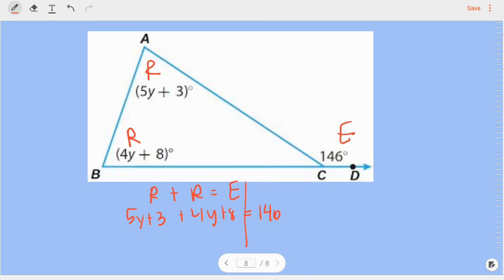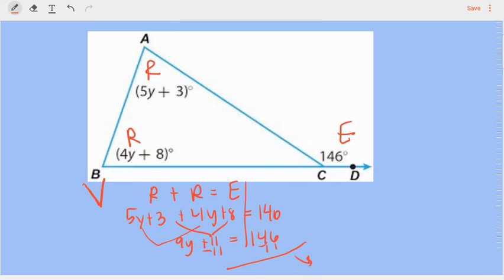There's my line down my equal sign. Notice this side, all of the variables are on one side. That means this is the side I'm going to keep all of my variables on. I don't need to worry about getting rid of one. I'm just going to combine. 5 plus 4 is 9y. I'm going to combine my other terms: plus 11 equals 146. And then we solve. Minus 11, minus 11.